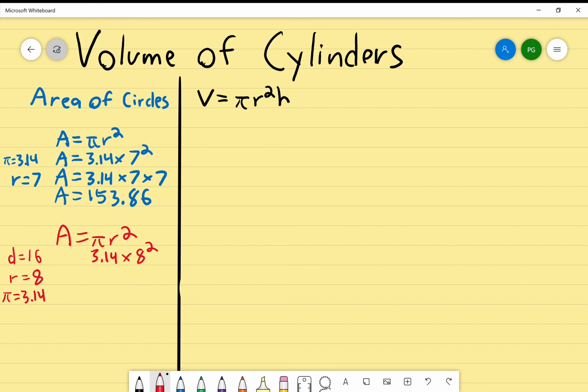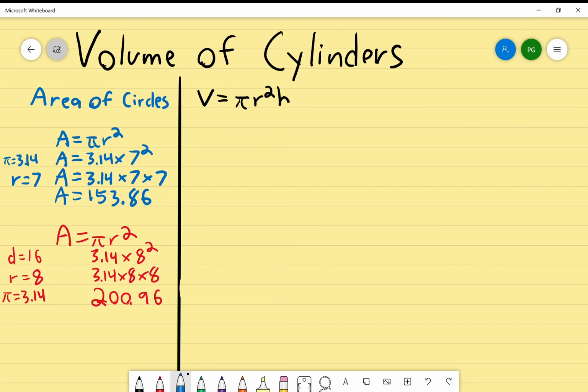Remember, 8 squared is not 8 times 2, it's 8 times 8. So let's rewrite it, 3.14 times 8 times 8. All right, 3.14 times 8 times 8 equals 200.96. Boom, you're done.